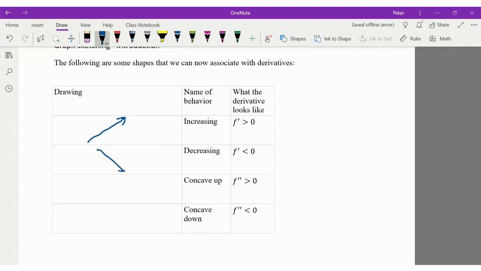A decreasing function, which looks like that, we can detect because its first derivative is less than 0. And then we have a concave up function, which looks like this, and we can detect that because its second derivative is greater than 0. And then similarly, concave down is going to look like that, and the sign that shows up is that the second derivative is less than 0. So what we've basically been doing is being given a function and asked to tell which of these apply by looking at its derivatives.